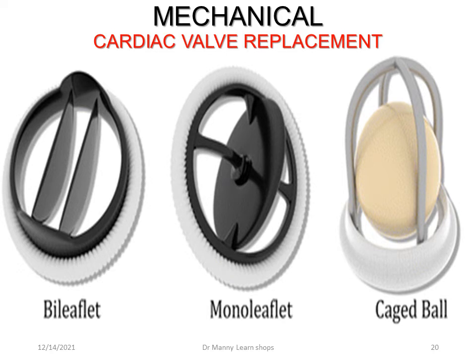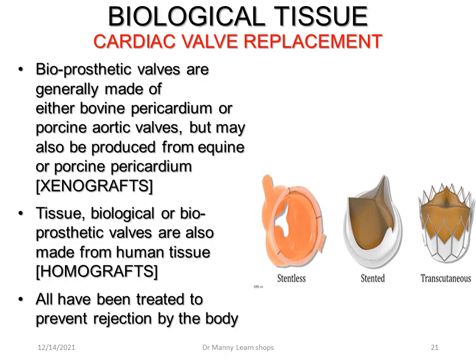Cardiac valve replacement, as I said, these valves can be monoleaflet, bileaflet, or a caged ball. Then you've got biological tissue valves. These are bioprosthetic valves that are generally either made of bovine (cow) pericardium, or porcine (pig) aortic valves, but may also be produced from horse (equine) or pig (porcine) pericardium.